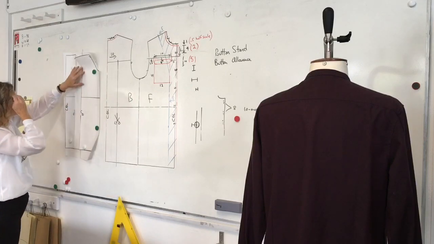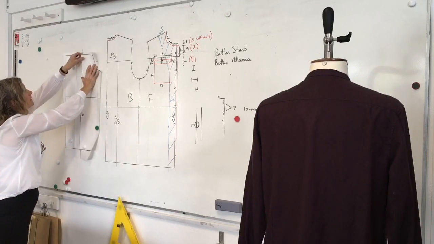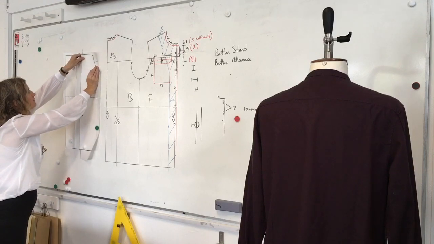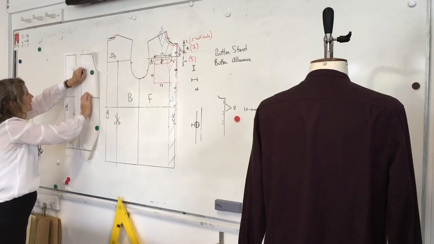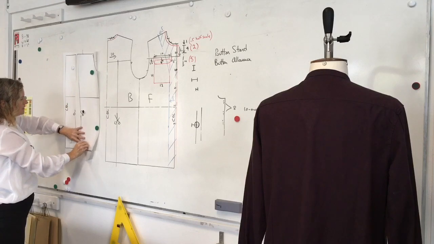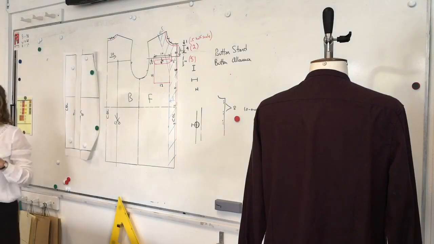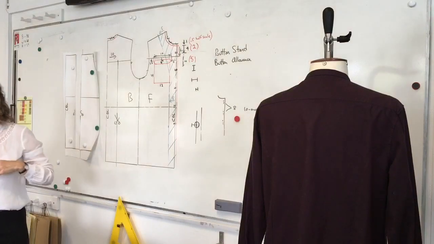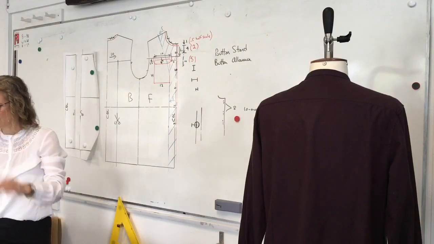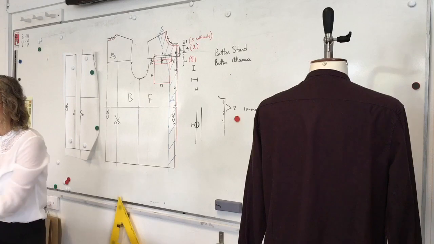Now, for those of you who did pleats last year, you remember the marking. I think we did at least one practice of it. So there's a particular way you mark pleats. You can see in her diagram, she has them like angled lines.